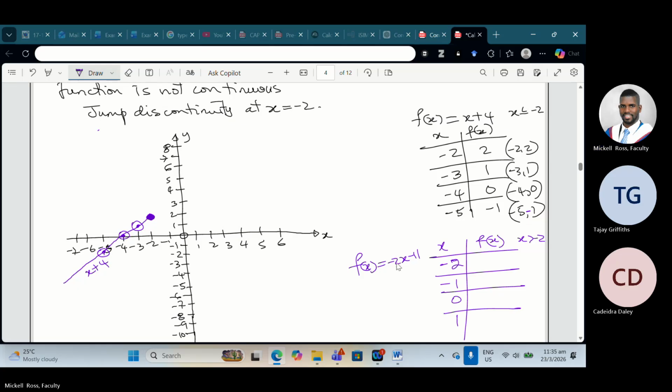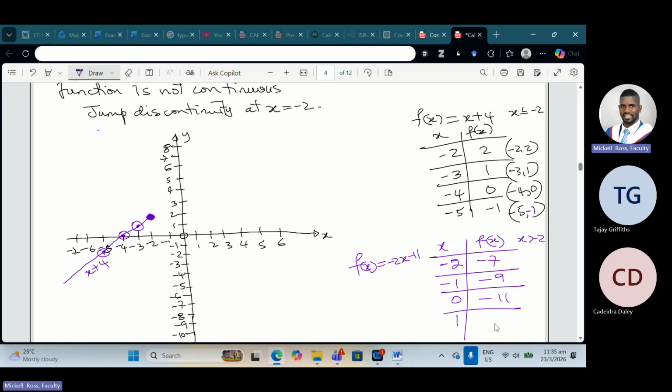When x is negative 2, we're going to get negative 7. When x is negative 1, we're going to get negative 9. When x is 0, we're going to get negative 11.